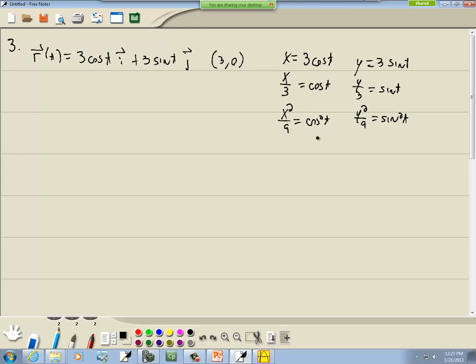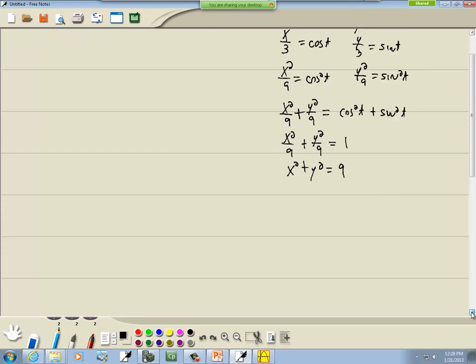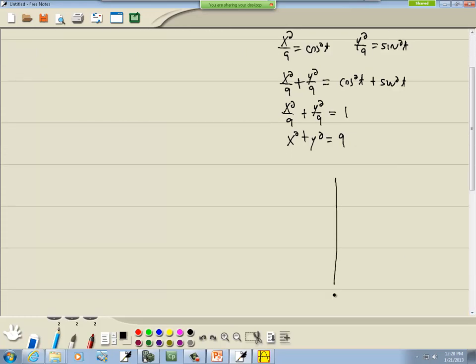Now add the left sides together, and I have x squared over 9 plus y squared over 9, and add together the right sides, and I got cosine squared plus sine squared. Cosine squared plus sine squared is 1. Now multiply everything by 9, and I get x squared plus y squared is equal to 9. So this is a circle of radius 3.